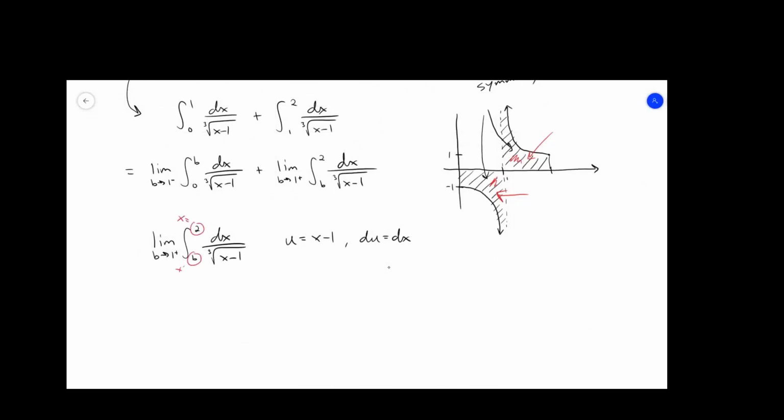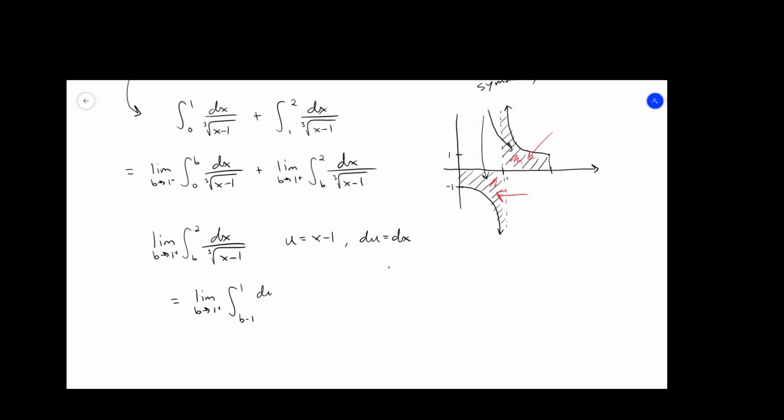These are x equals. And then if I want to figure out what the u is that corresponds to that, I just plug that into there. So my new bounds on my new u integral are going to be lower bound b minus 1, upper bound 2 minus 1, or just 1.